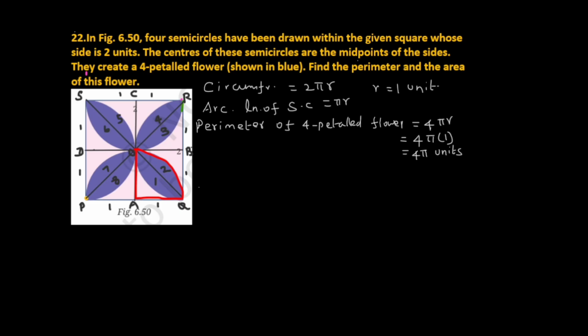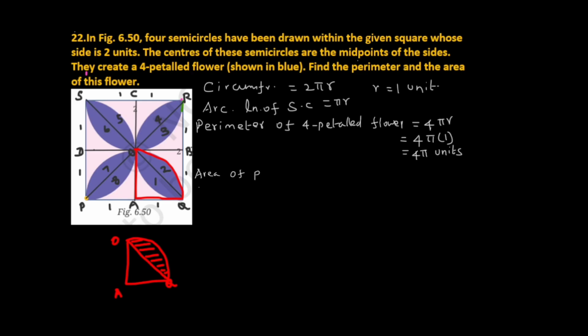In that portion, forget about part 1. Now just consider part 2. So this is the sector. If we are drawing a chord, we can see this is the segment. This is part 2.